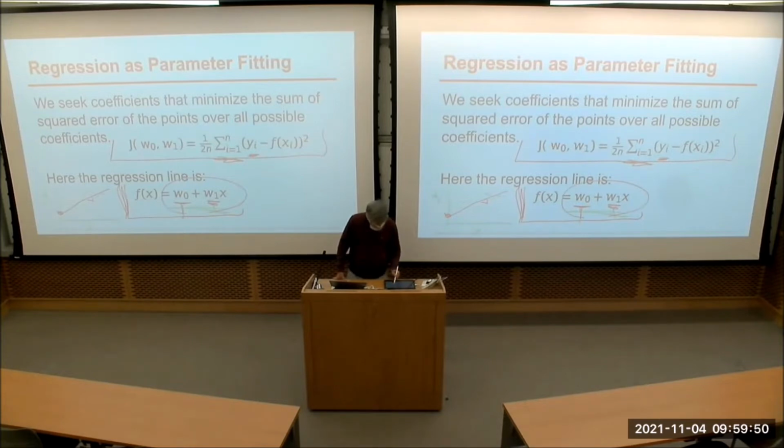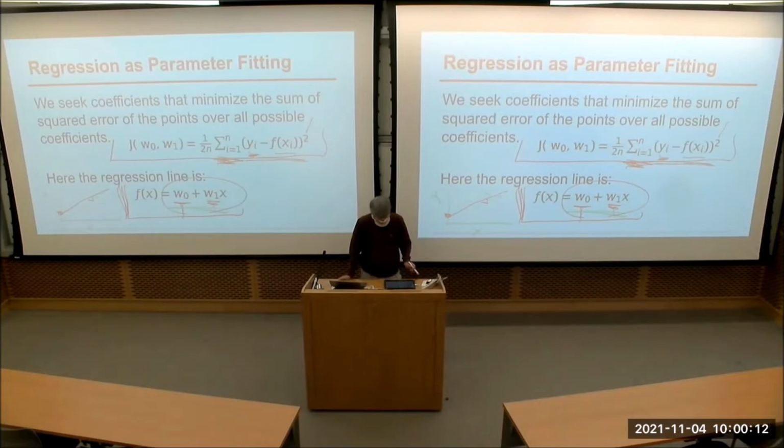This, y minus f of xi, is going to be the residual. The residual squared is the square of the residual. The sum over all points is the sum of the squared error. Okay?